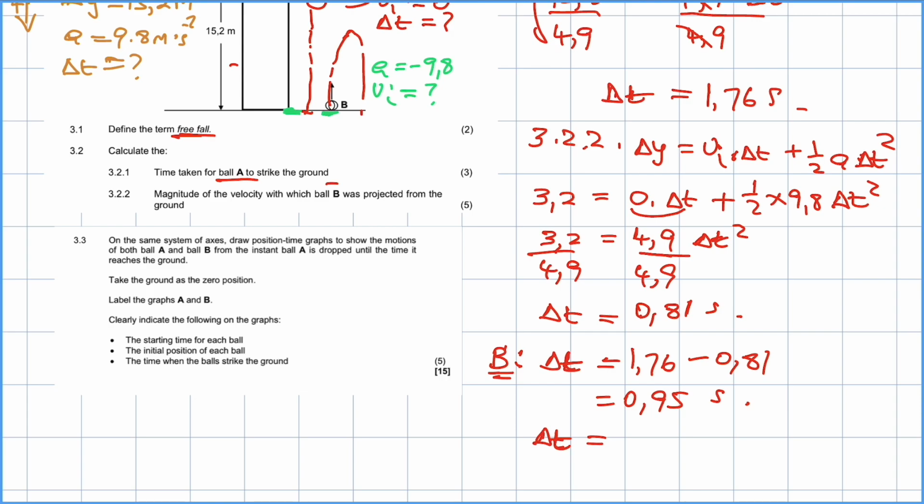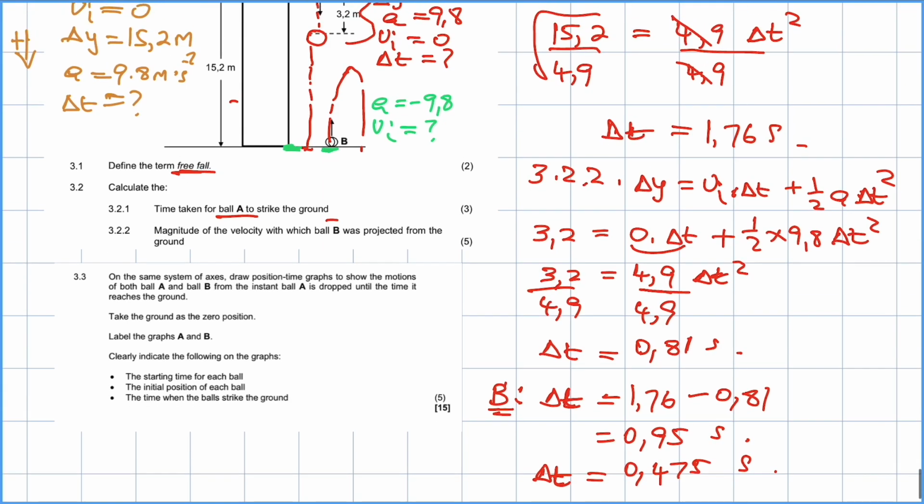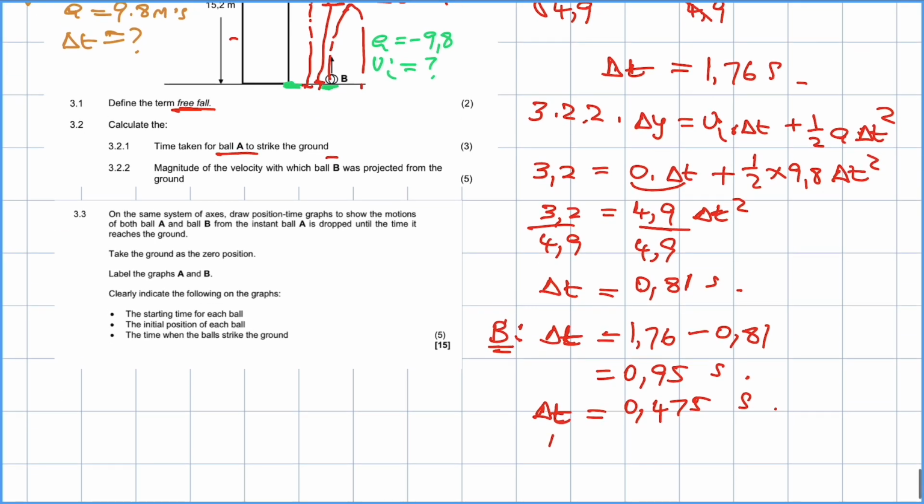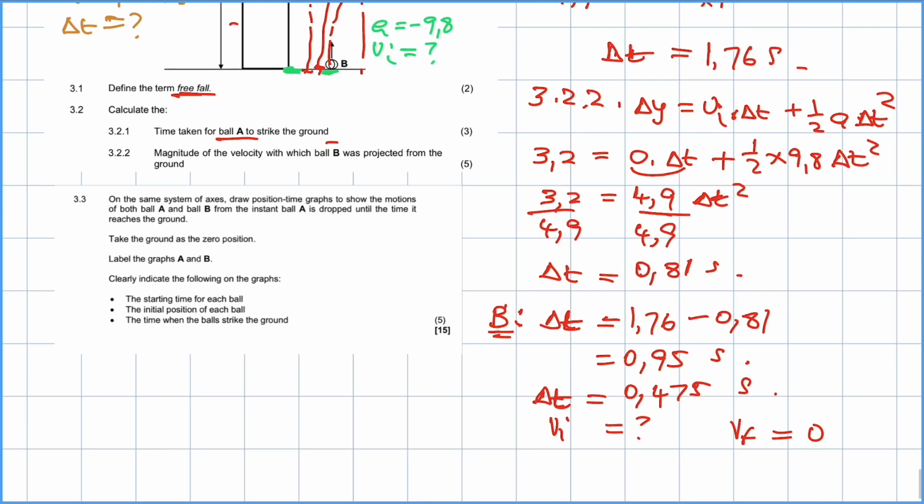So 0.95 divided by 2 gives us 0.475 seconds. And we know that for that motion, from here up to there, we are looking for VI, and VF is equal to 0, and then we have the time.